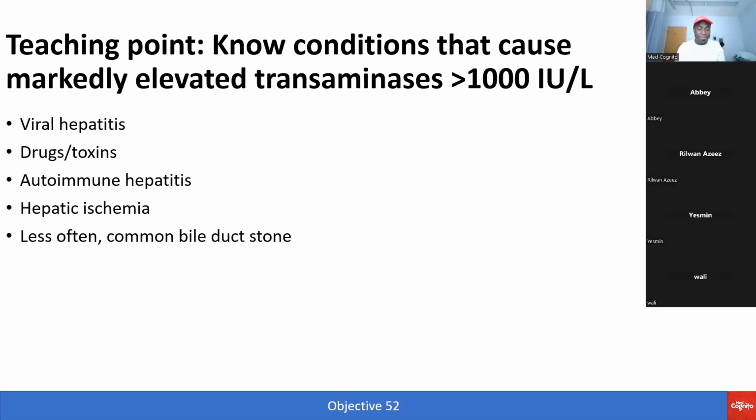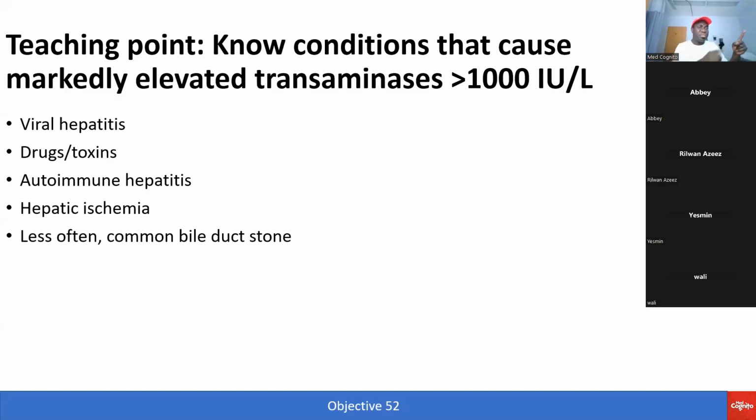These are the things you want to know. When you see a patient's lab work and the liver function test is more than 1,000, start thinking about these diagnoses, these 5. Keep them in your mind.